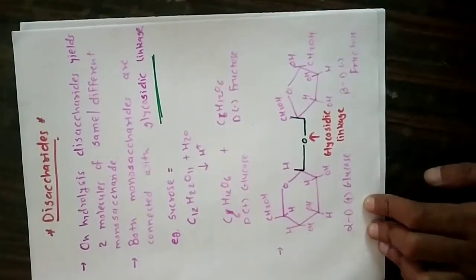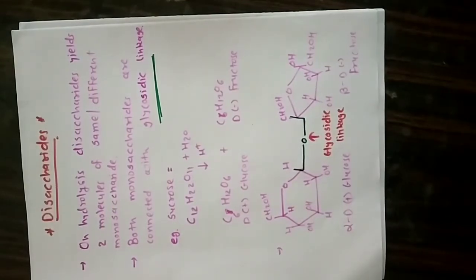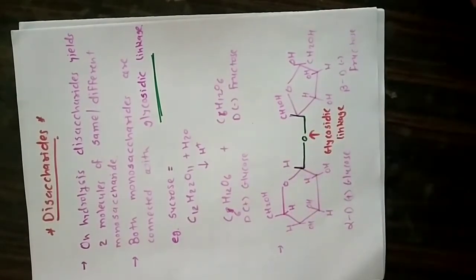The connection between glucose and fructose, or between two monosaccharides, is called a glycosidic linkage. And in a glycosidic linkage there is an oxygen between the two structures.